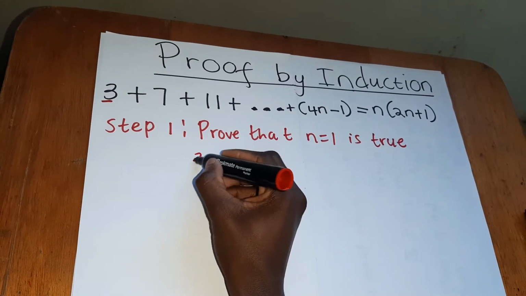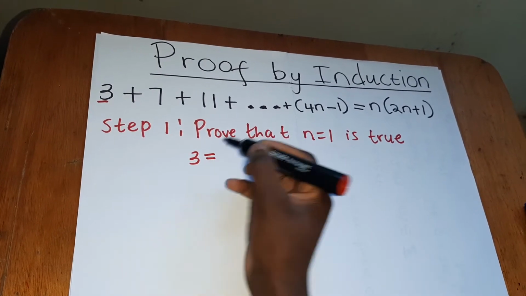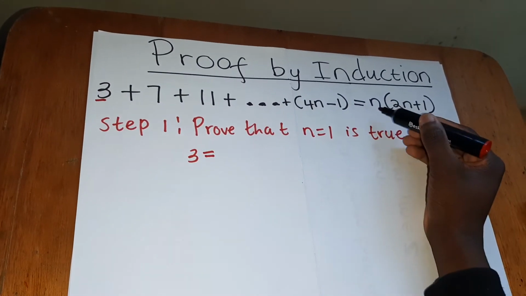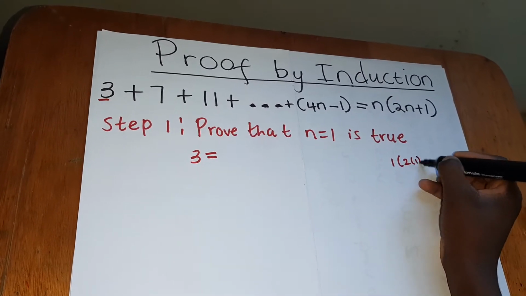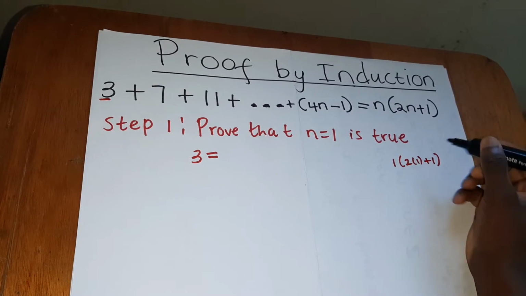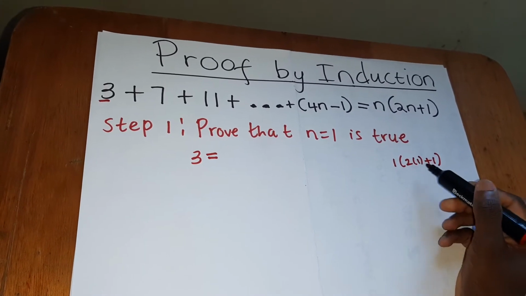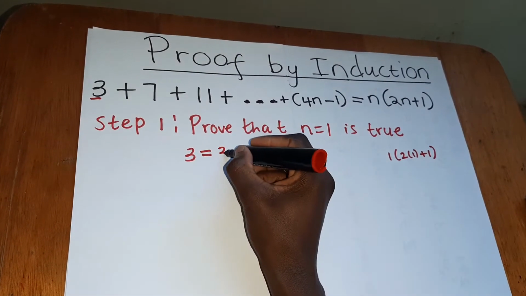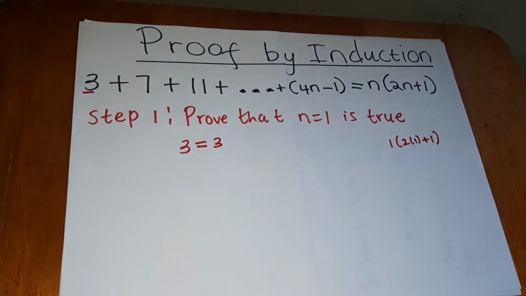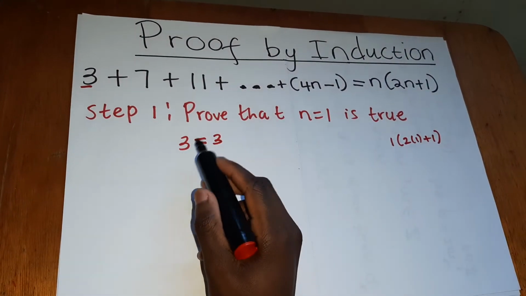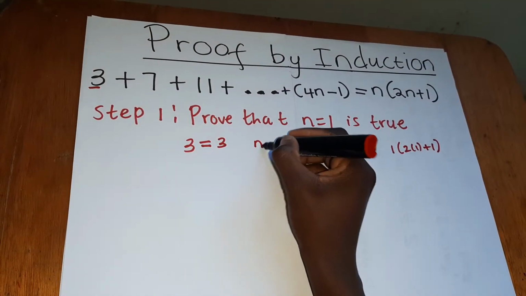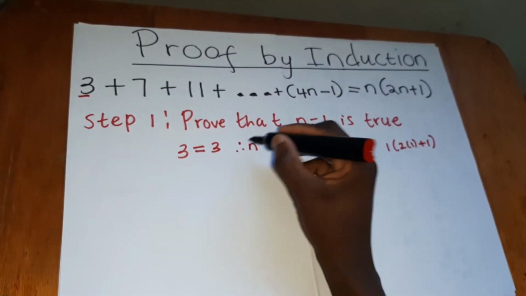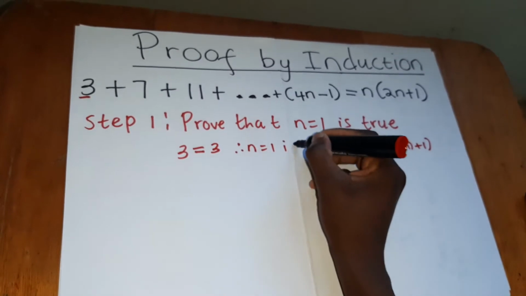So 3 must be equal to 1 multiplying 2 times 1 plus 1. So 2 plus 1 is 3, 3 times 1 is 3. So 3 is equal to 3. We have proven that n is equal to 1 is true.